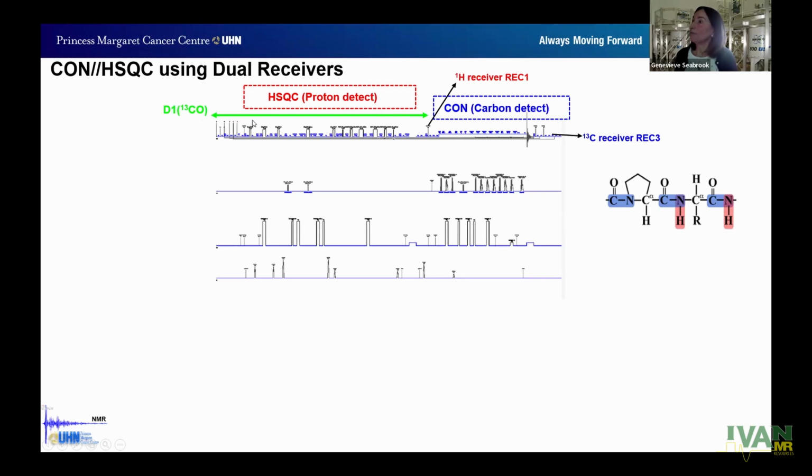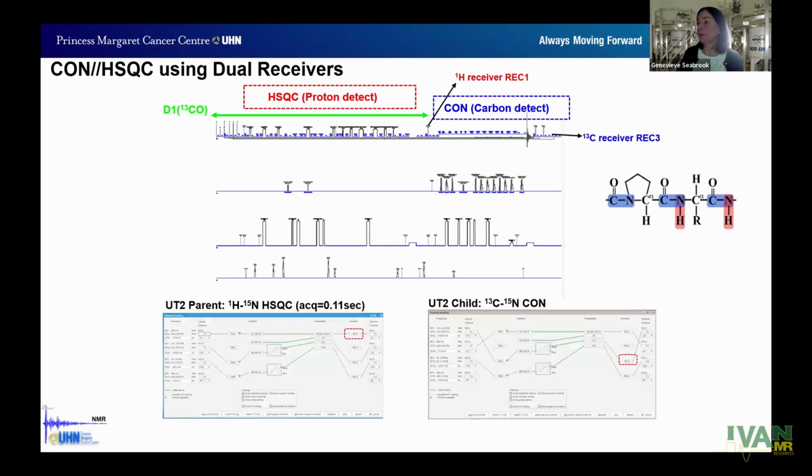But you do have to be careful. You have to make sure that your D1, your relaxation delay, is long enough so that all your carbon magnetization can come back to equilibrium before you start your second HSQC.